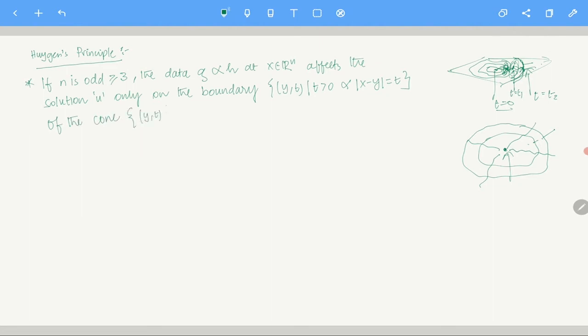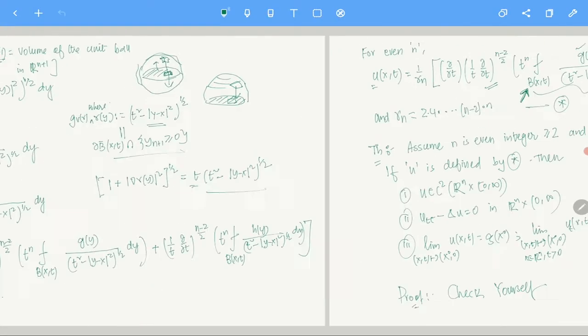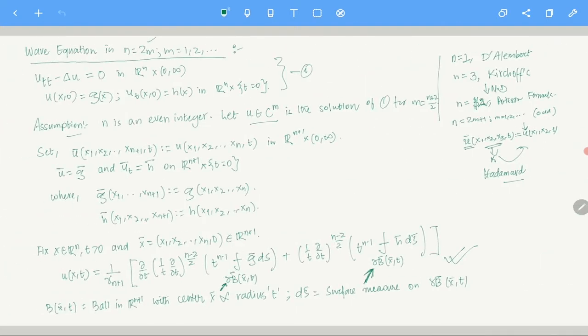The cone is the set of (y, t) such that t is positive and |x - y| is less than t. Okay, that's what we saw. So basically, it depends on just the boundary of this thing. In odd dimension, I wrote the Kirchhoff formula, this one, right? You see, it depends on just the boundary.